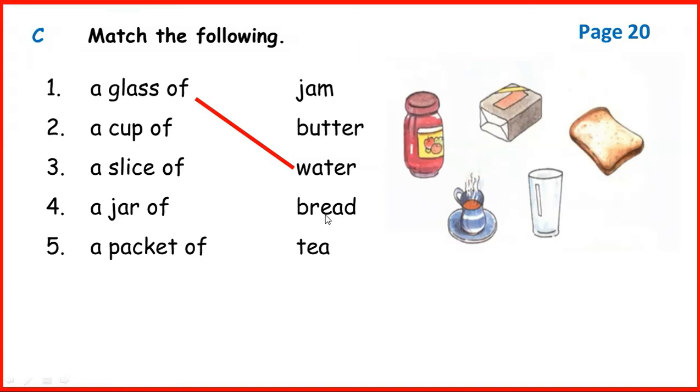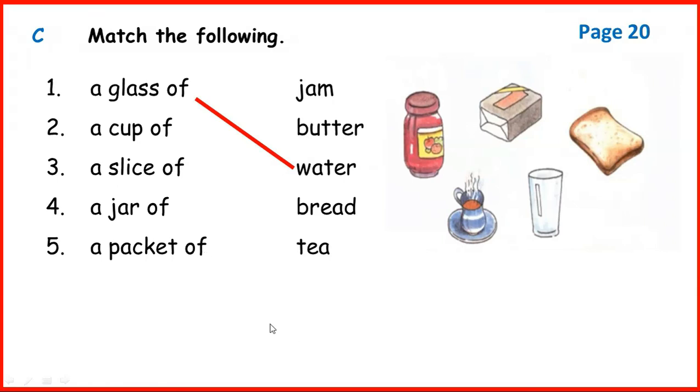Yes, we eat a slice of bread. A jar of jam. Yes, we say a jar of jam. Then the last one, a packet of butter. Yes, we say a packet of butter.